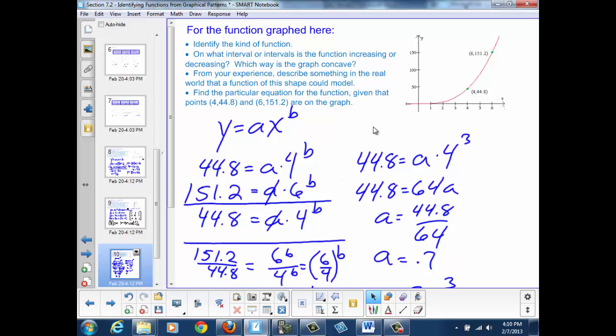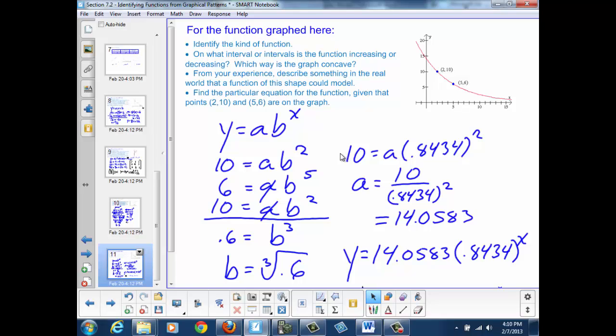When we have a power function, we use division for elimination, and then we, hopefully by inspection at this point, can solve for our power and subsequently solve for our coefficient.